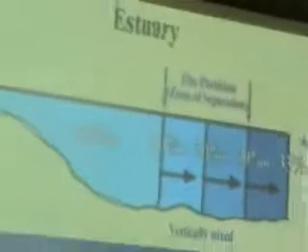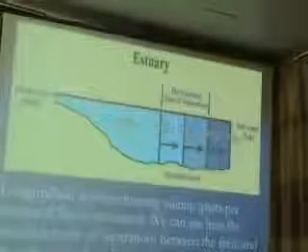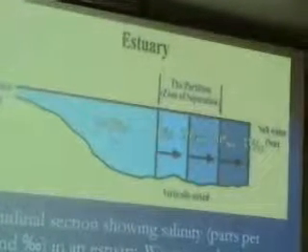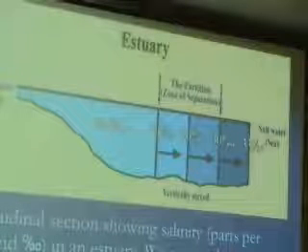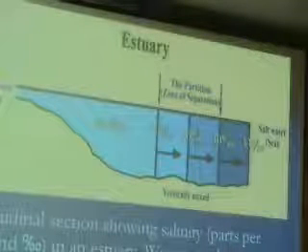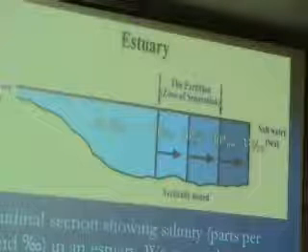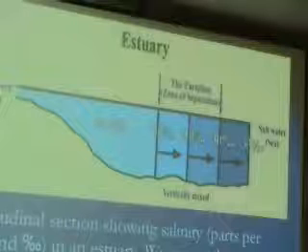Okay? As I said, once the river empties its water into the sea, the salinity changes, and it increases from the side of the river until the side of the sea, to form this zone. It's called the partition zone of separation. And this is the barrier.